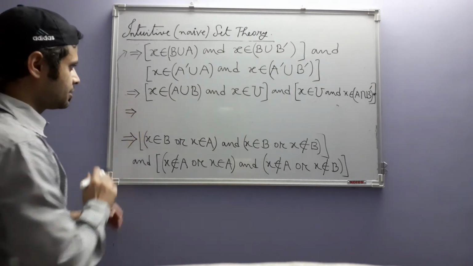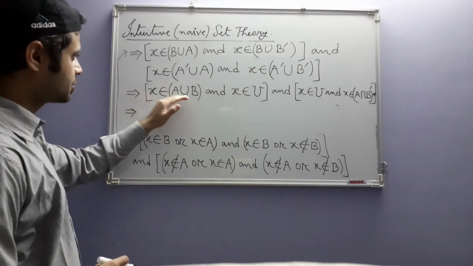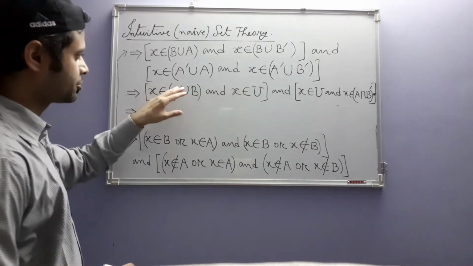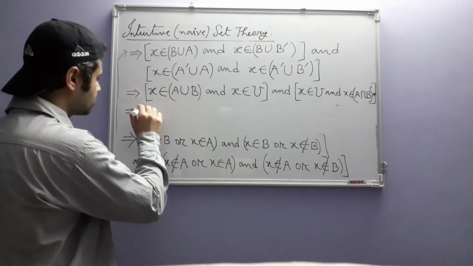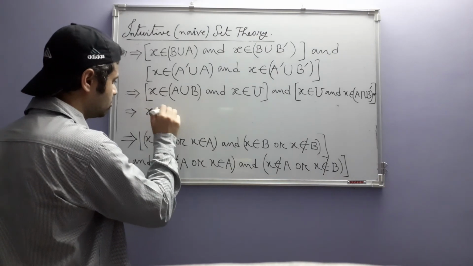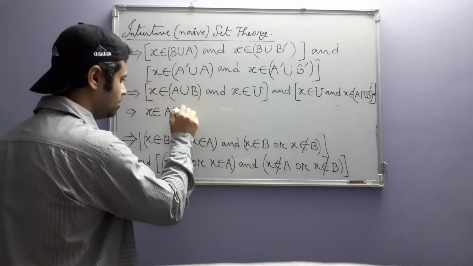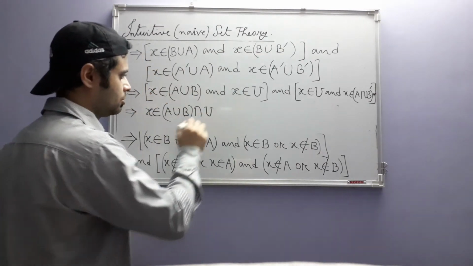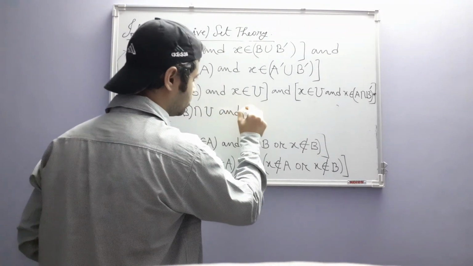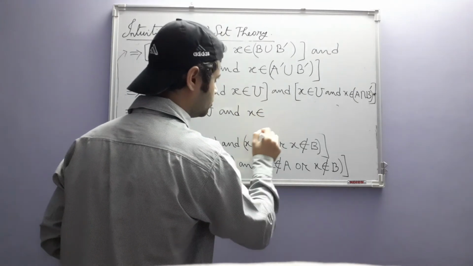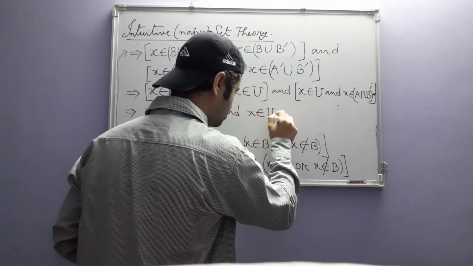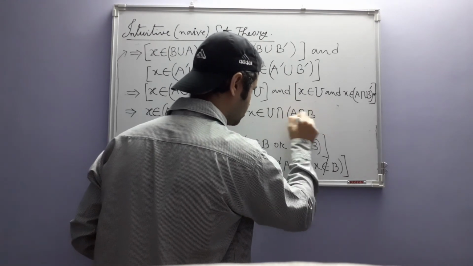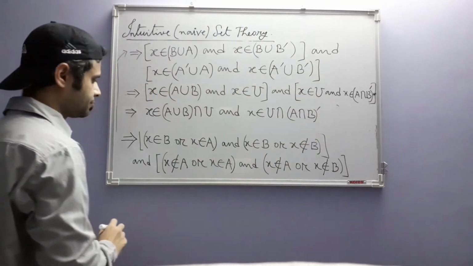Now this implies, since we have X belongs to A union B and X belongs to U, that means X belongs to their intersection. So X belongs to A union B intersection U, and X belongs to U intersection A intersection B complement.